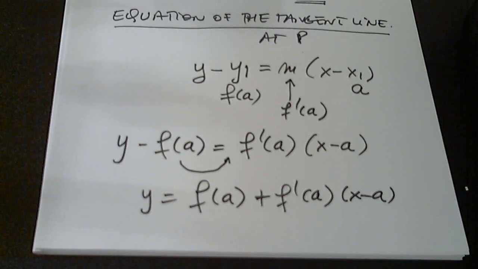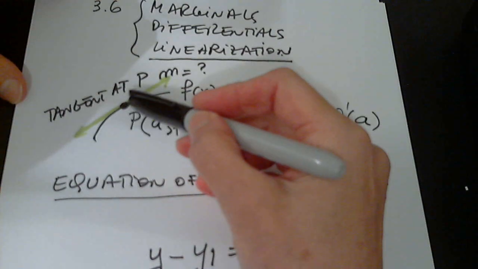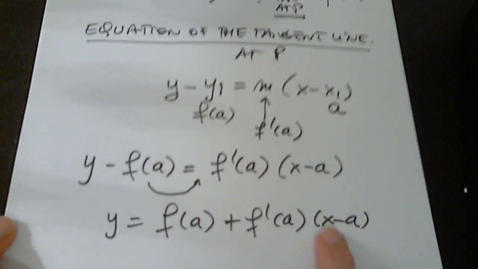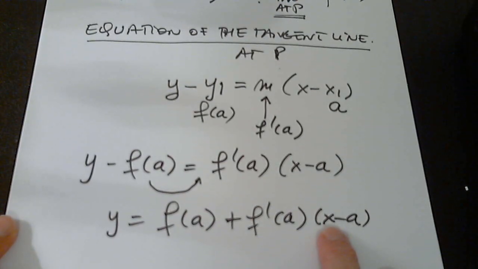Okay. So this y is the equation of the tangent line, and this is a function. What do you mean it is a function? Yes, it's a function. It depends on x.